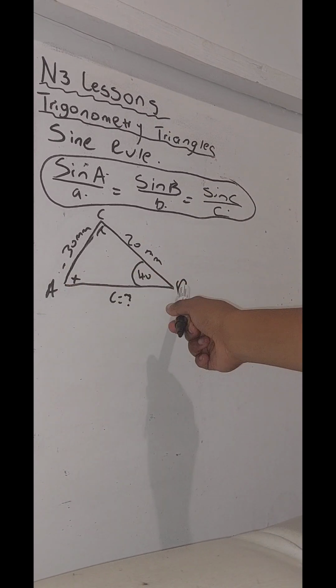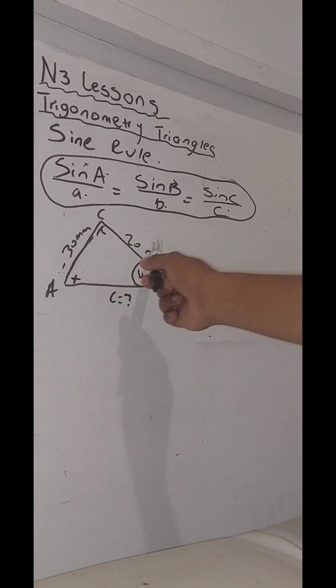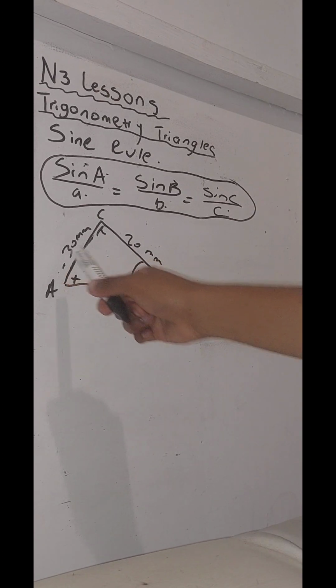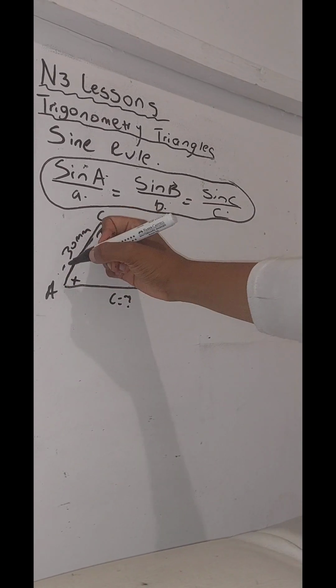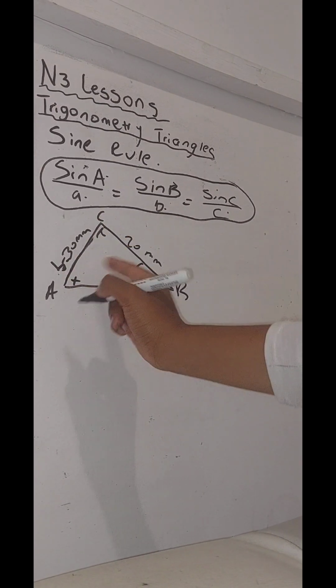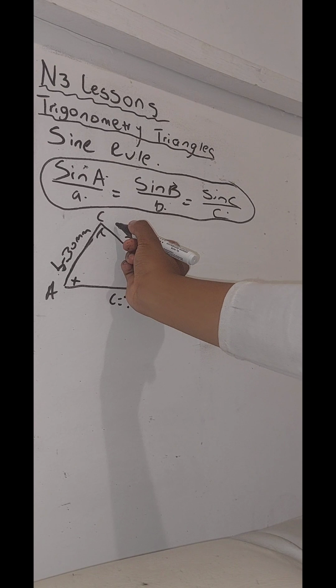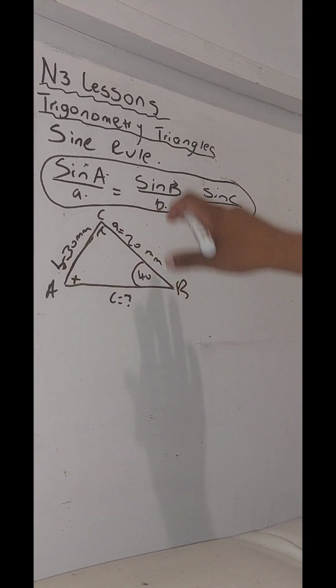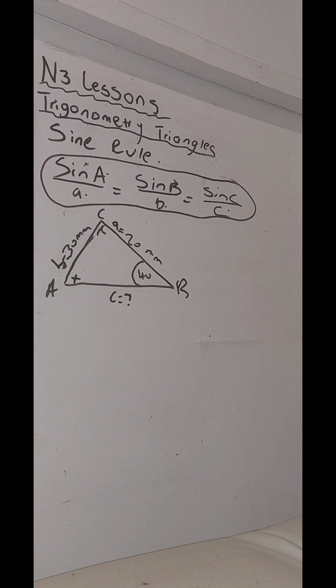Remember, any side that is opposite to an angle in the triangle takes that angle's letter. So here it's B, that means here it's A, because it's opposite to A. Those are the rules when you're dealing with sine rule triangles.